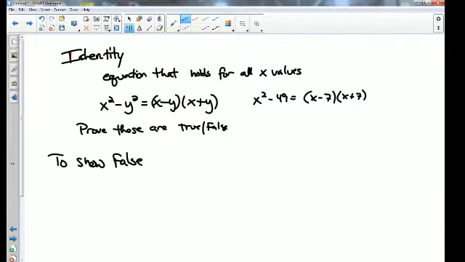To show something is false, can you think off the top of your head of a formula that we use very commonly that may not work for all x values? Here's one that comes to mind.